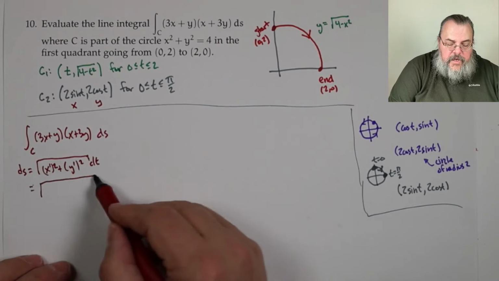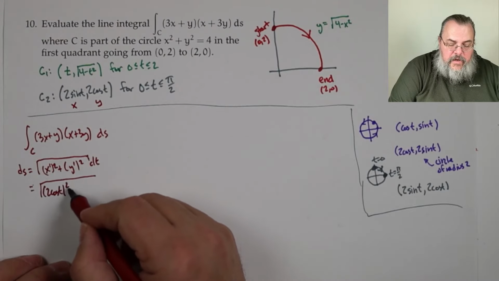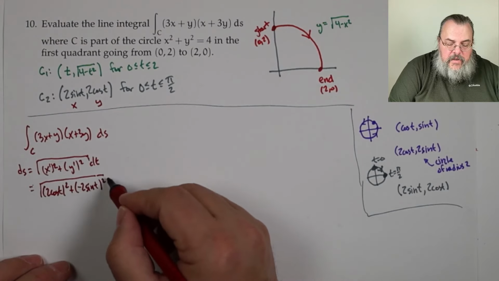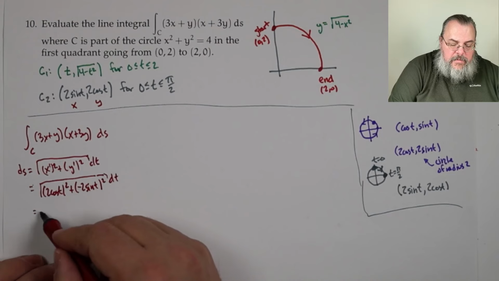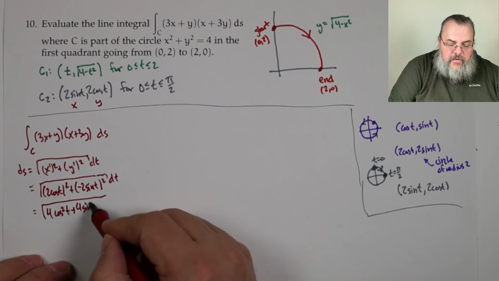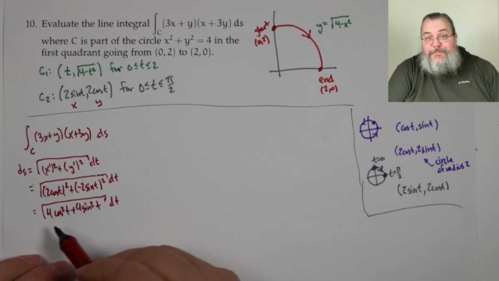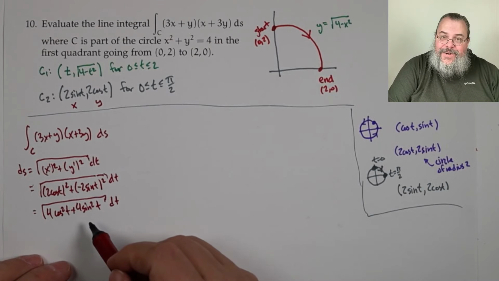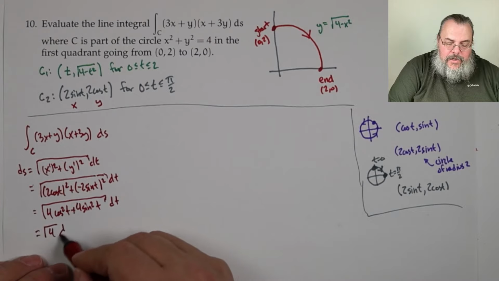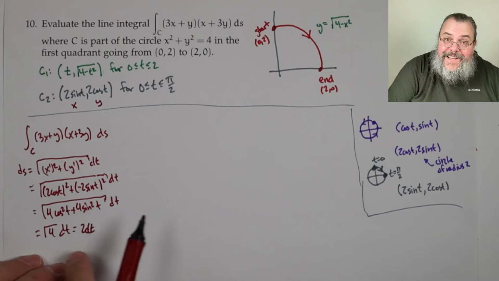Well, that's the square root of the derivative of 2 sine t squared, plus the derivative of 2 cosine t, which is minus 2 sine t, squared. So this becomes the square root of 4 cosine squared t plus 4 sine squared t. You see what's happening. Pull out a 4, cosine squared plus sine squared is 1. So this becomes the square root of 4, or really, 2. That is nice.